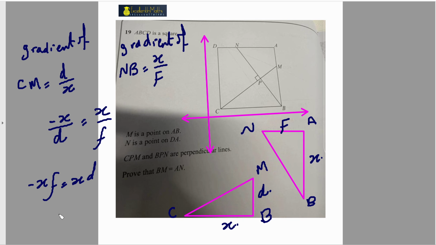Cancel the x's, so d equals negative f. Of course, we're talking here about lengths, so you can ignore the negative, and we say d equals f. What is d and what is f? d is actually BM, which is said here, and f is AN. Therefore, we can say that BM equals AN.